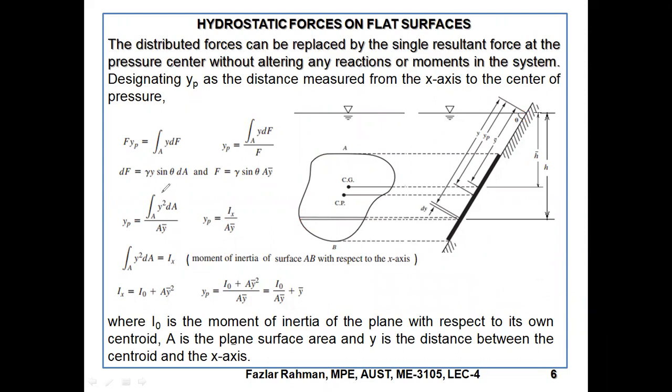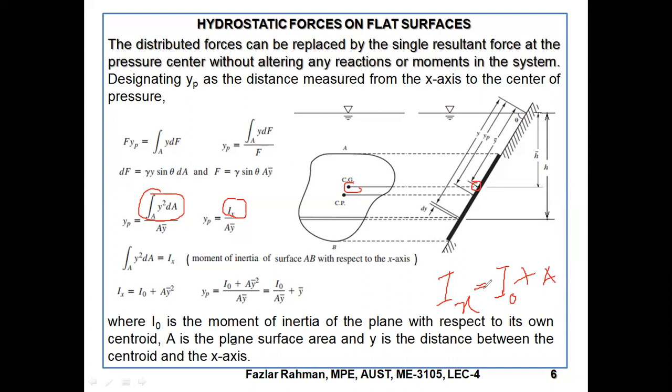Now, at the top part I am getting I-x-x. So the object is right over here. How am I getting I-x-x right over here? This I-x-x, the inertia with respect to the x-axis, equals the inertia with respect to the CG of the object, expressed by I naught, that means inertia with respect to the CG of the object, plus area into d square, the distance.